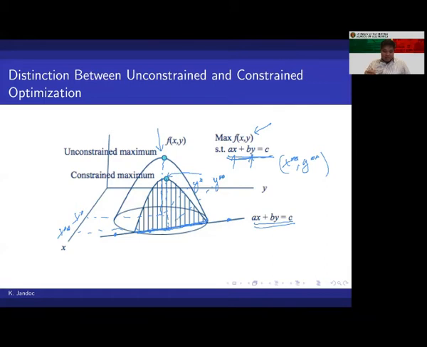But the point is that there are a new set of optimizers where the function constrained here in this line will attain its maximum. So in this case, this is f of x double star, y double star. So the point is, if you introduce constraints, the set of optimizers may be different compared to the case where you have an unconstrained maximum.